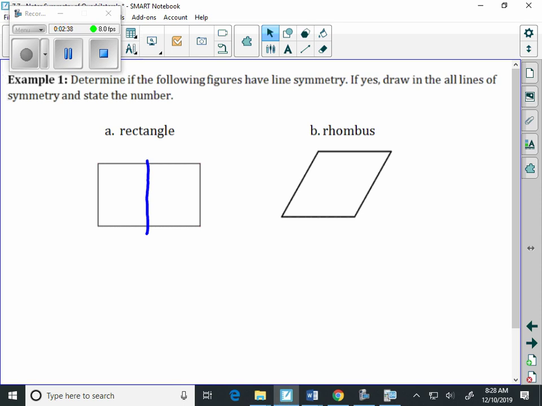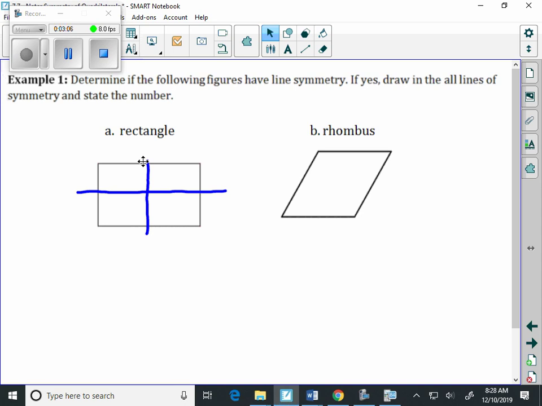If we fold that rectangle along that blue line, the right side of the figure will land on the left side. And there's also a horizontal line in there. If we fold the top part of the rectangle over the horizontal line, it will land on the bottom part.